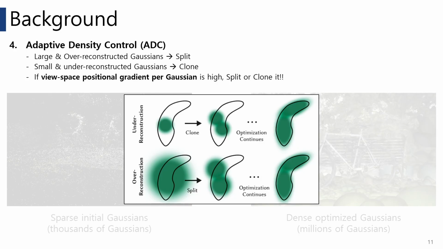These decisions to clone or split are typically guided by the magnitude of the view space positional gradient. If a Gaussian's gradient is high, it means that Gaussian must be modified to better represent the scene, so it becomes a candidate for densification through either cloning or splitting.